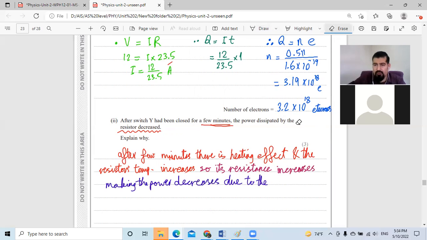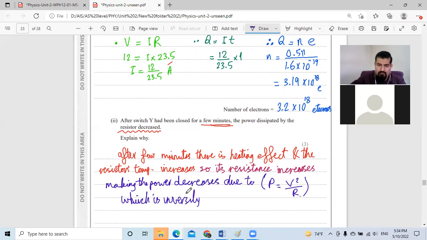Power equals V squared over R, which is inversely proportional to the resistance. So as the resistance increases, the power decreases.